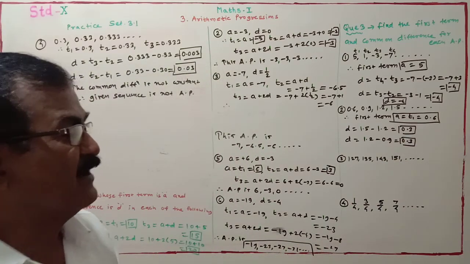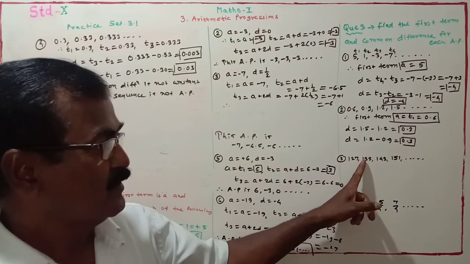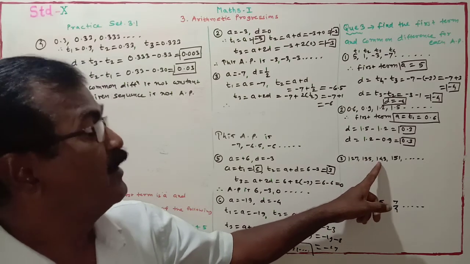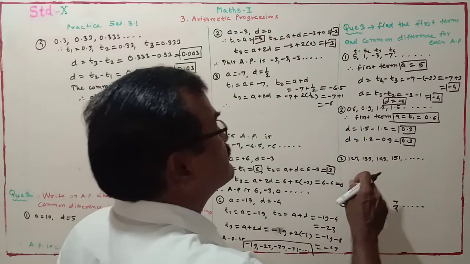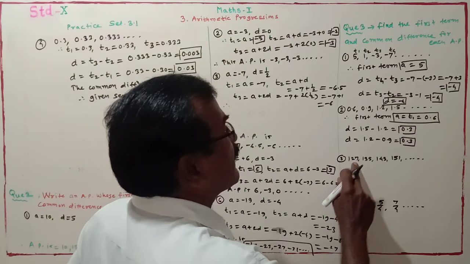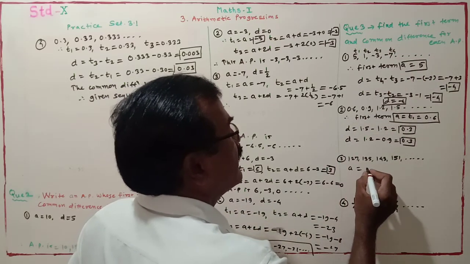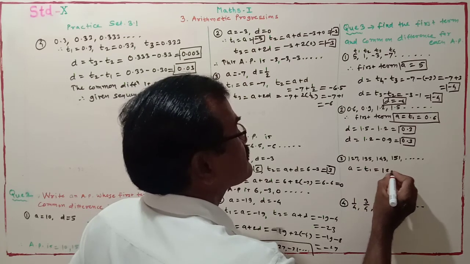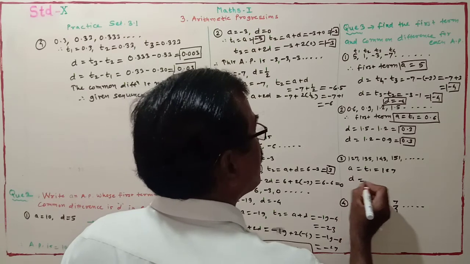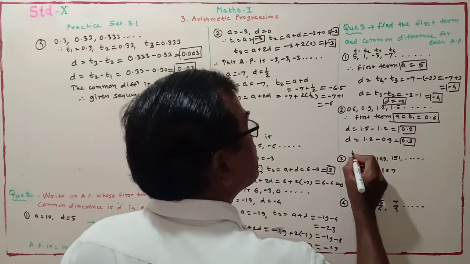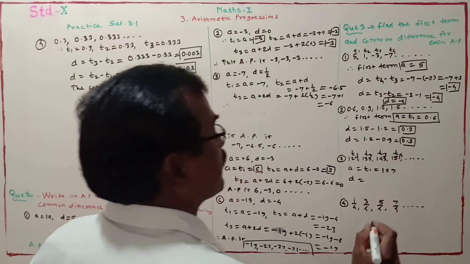In the next example, first term is 127, 135, 143 and 151. If we write first term is A is T1, 127. Common difference is T1, T2, T3 and T4.